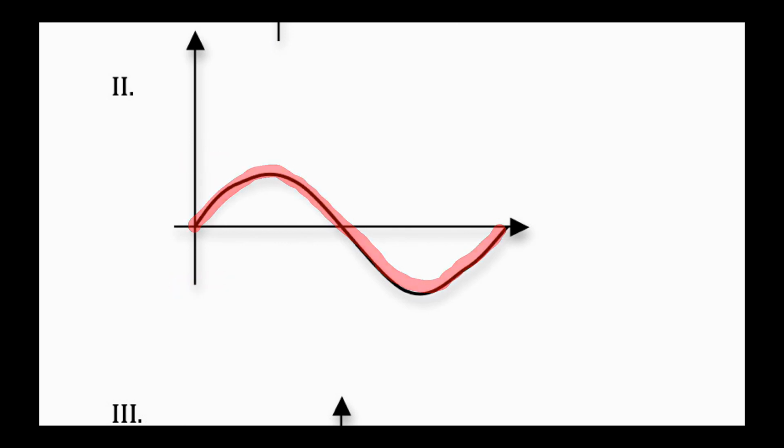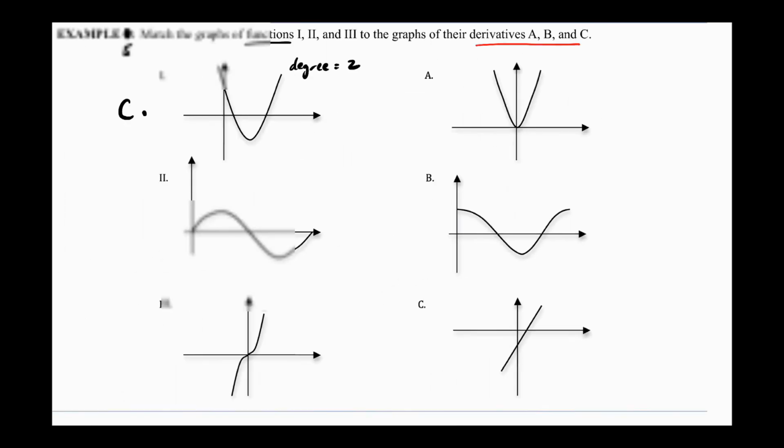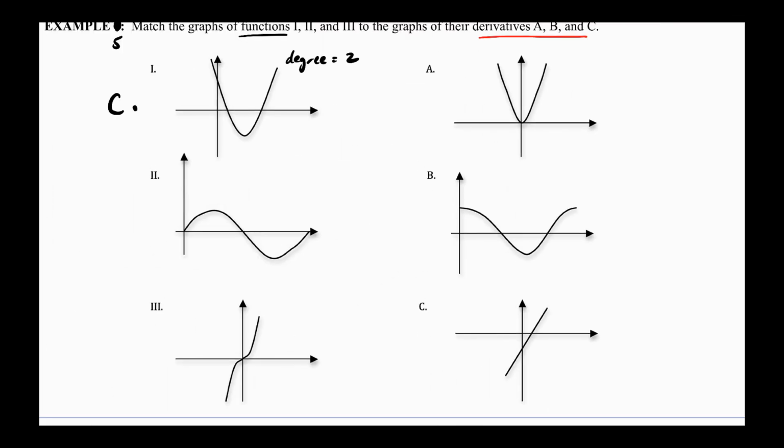It starts out and does exactly the same thing as the sine curve, has the same pattern, right? Well, what's the derivative of sine? So we go over here and look for the one that looks like cosine. Lo and behold, it's this guy here. That guy kind of looks like cosine, right? So that one is B.